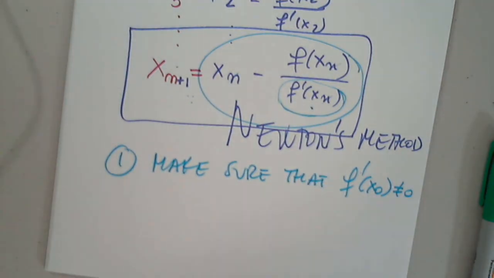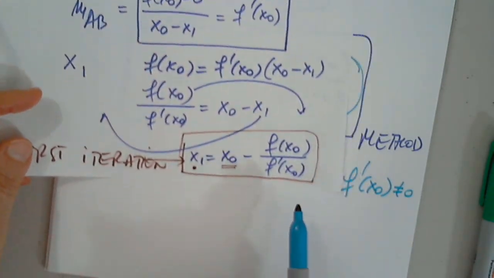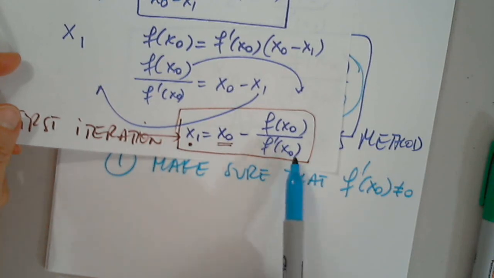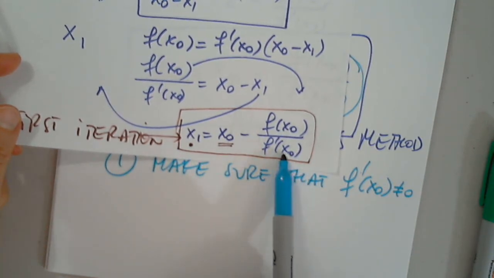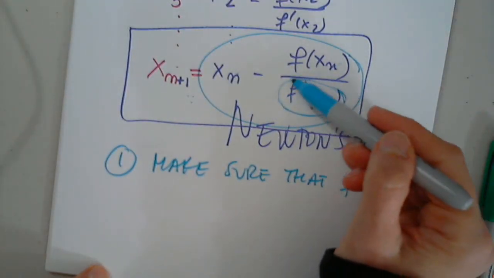If I, by mistake, pick an x0 that has f prime 0, I'll never get anything. The method will never converge. So that's one warning. Careful. Do not pick x0 that creates this 0.